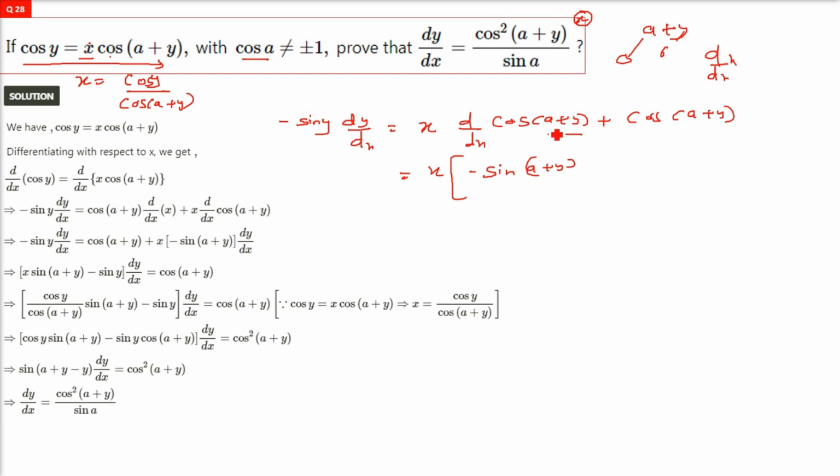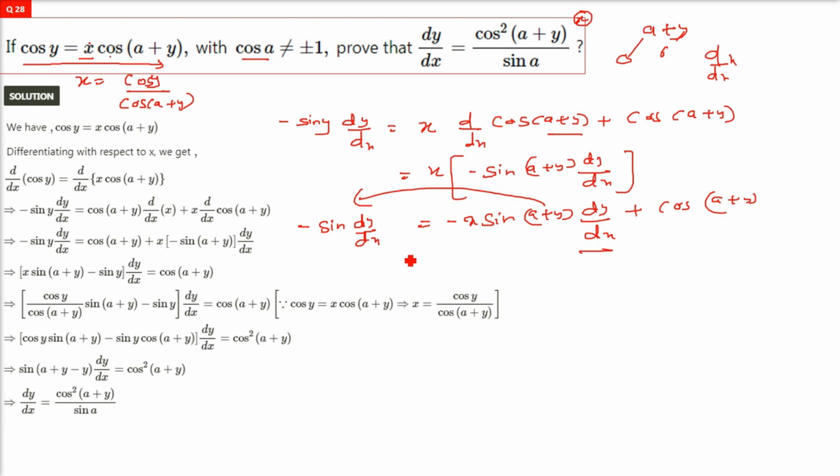So this is going to be minus sin(a + y) into dy/dx. So the whole will be minus x sin(a + y) dy/dx, and then plus cos(a + y), because we have already done the product rule.